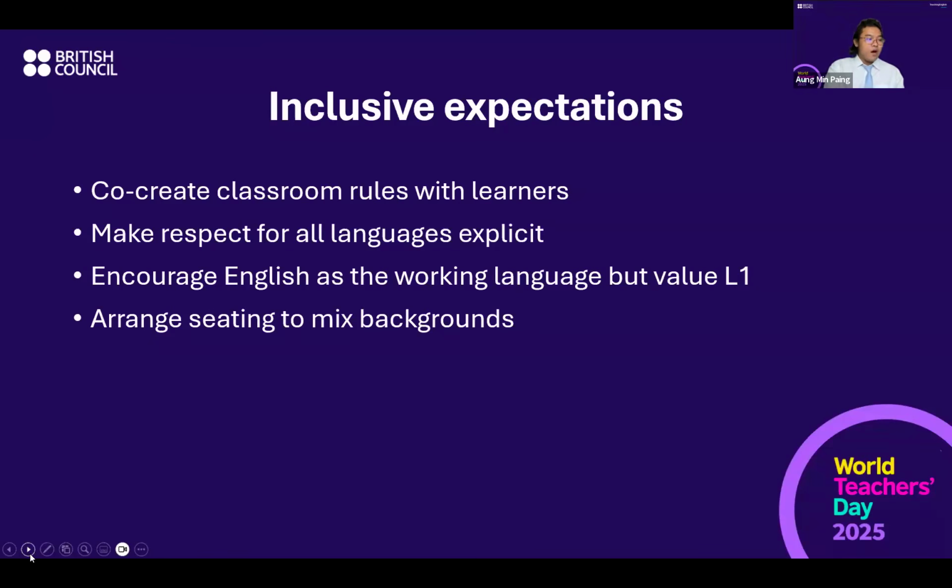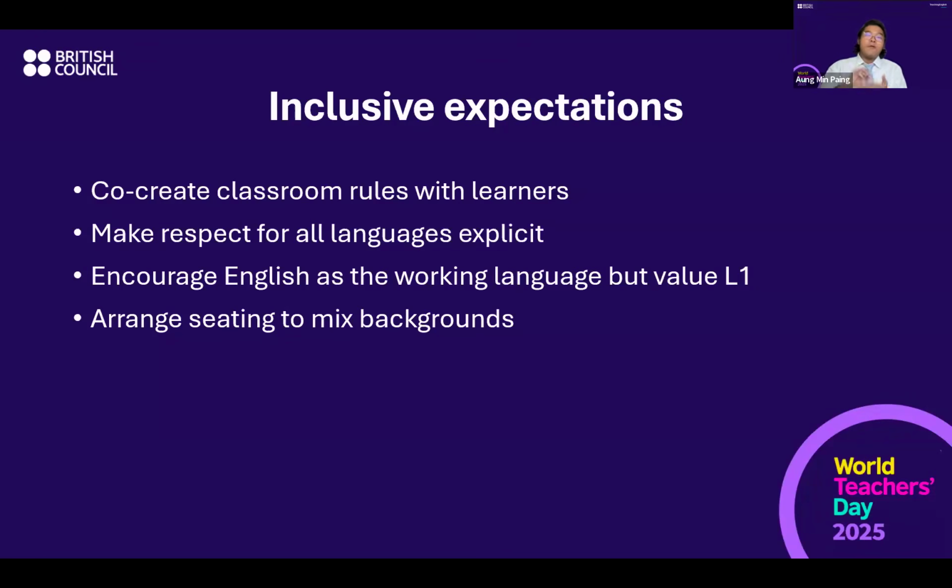Next, which is arrange seating to mix backgrounds. This is one thing that we should be aware of, the technique namely core differentiation. So we still need to arrange the seating plan. One person sitting in the same place for the whole course doesn't make sense. So sometimes we need to arrange the seating plan.